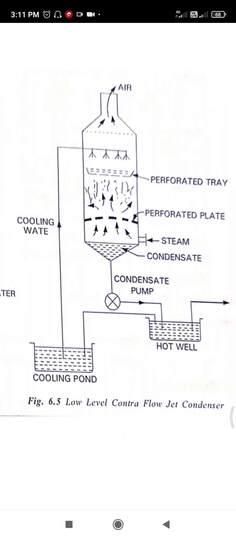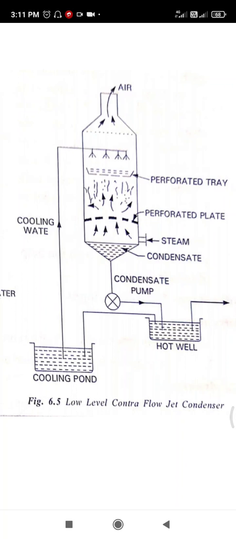Low level counter flow jet condenser. In a counter flow jet condenser, the water and steam flow in opposite directions through the shell. Exhaust steam from the engine or turbine enters at the bottom of the condenser and rises upward while the cooling water enters at the top and flows downwards. Cooling water is sprayed in the form of jets through a series of perforated trays.